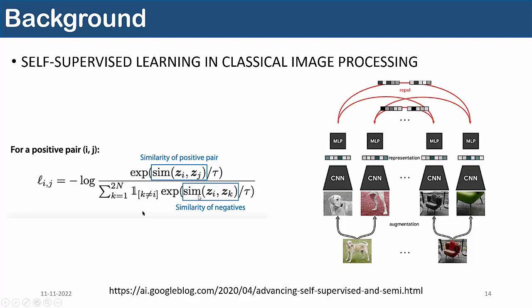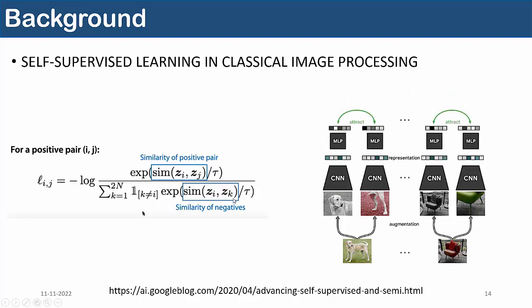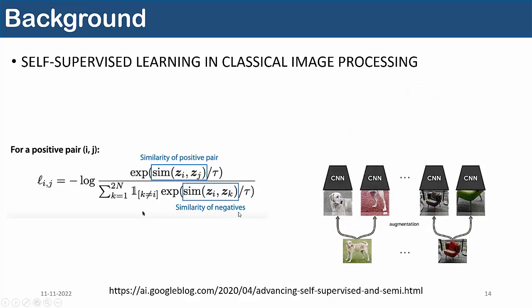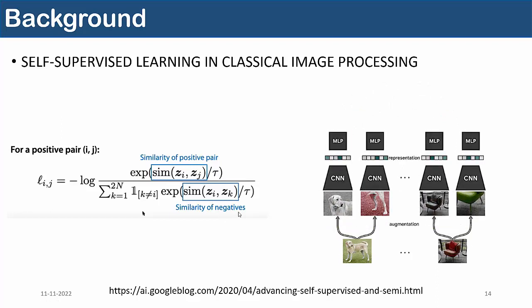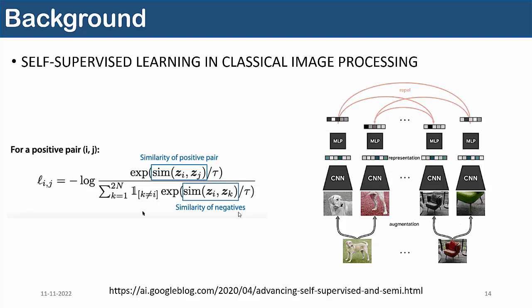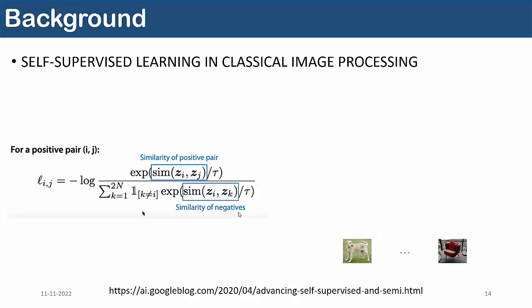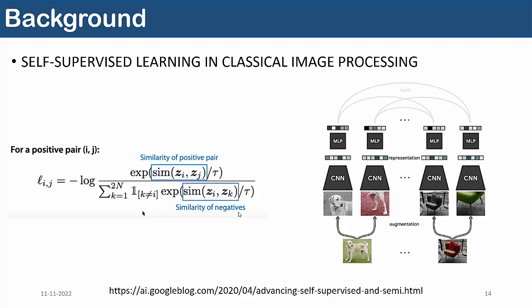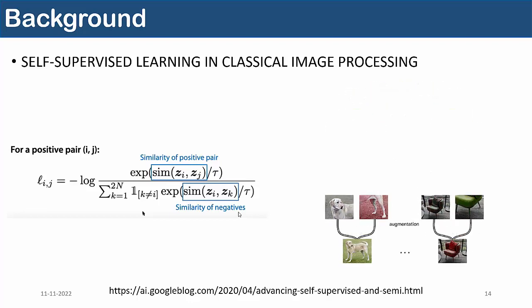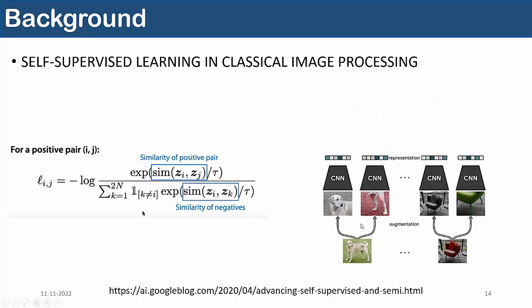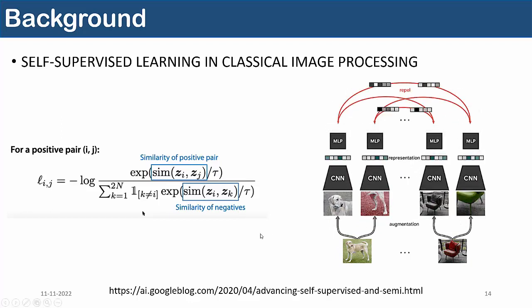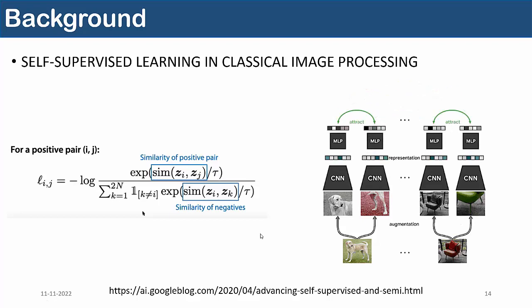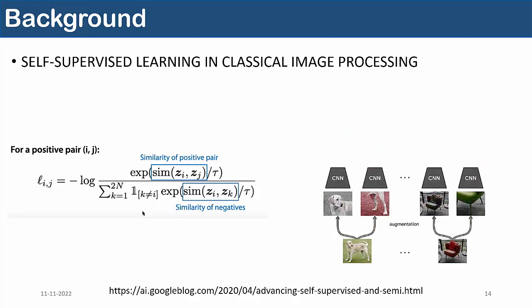And then there is a similarity between I and K. Now K is something else than J, and I know that transformed or augmented data doesn't belong to the original image I that I'm talking about. Therefore, I'll be giving some negative marks to it, and thereby I'll be creating a difference between the plotting of this kind of information in order to form a cluster of similar type of images together, and the other cluster should be at a distance from the similar cluster.